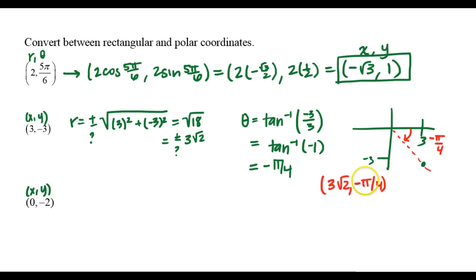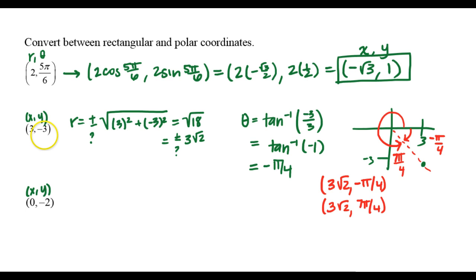There's infinitely many coterminal angles. So another way we could write this is 3 radical 2, and then instead of negative pi over 4, we could write 7 pi over 4, because that's the same as going in the counterclockwise direction, 7 pi over 4.